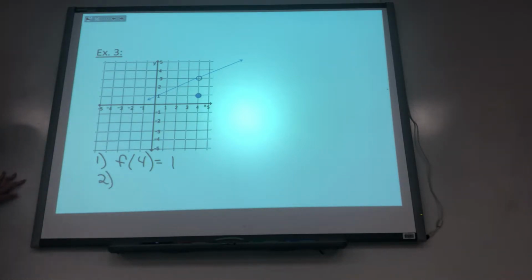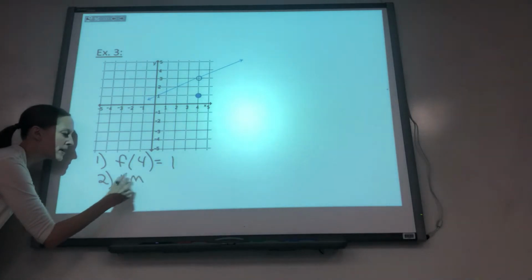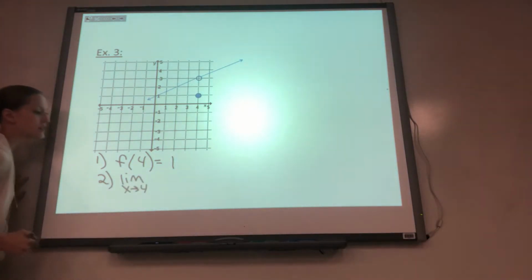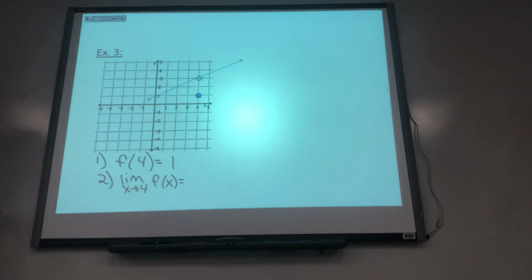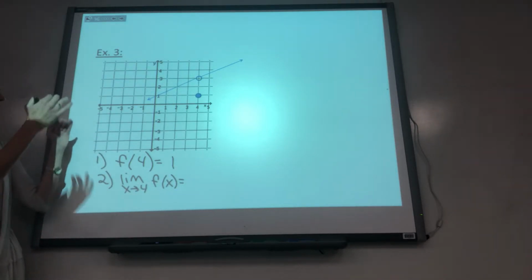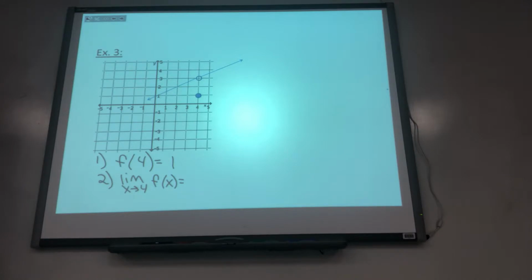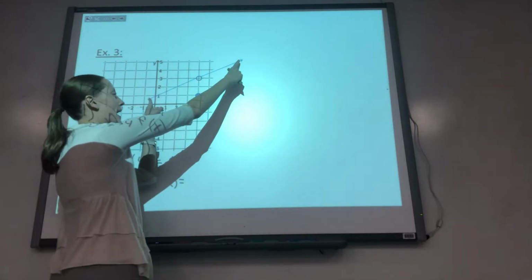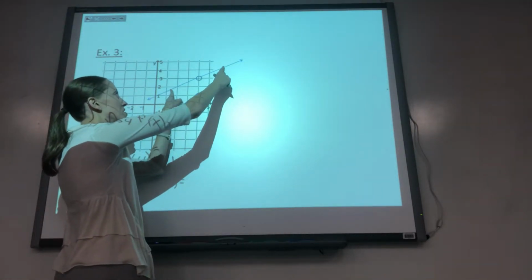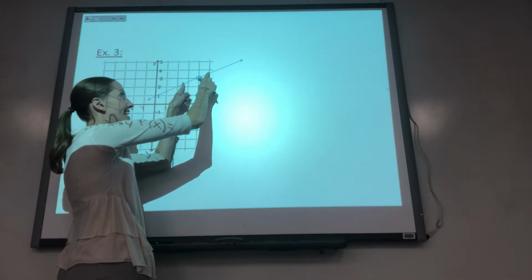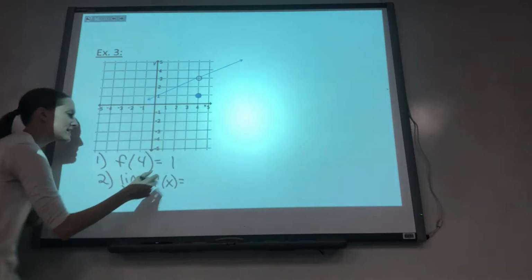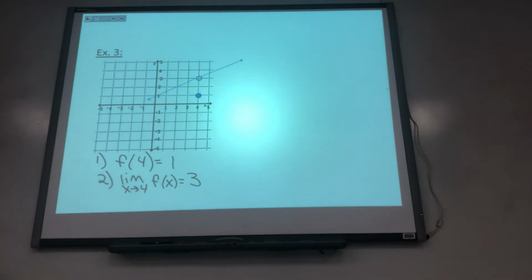Now, condition 2 says the limit as x approaches 4 of your function has to exist. We don't really know what the function is, but as you get closer and closer to where x is 4, what would you say the limit is? 3. It's approaching the y value of 3, so condition 2 is actually fine.